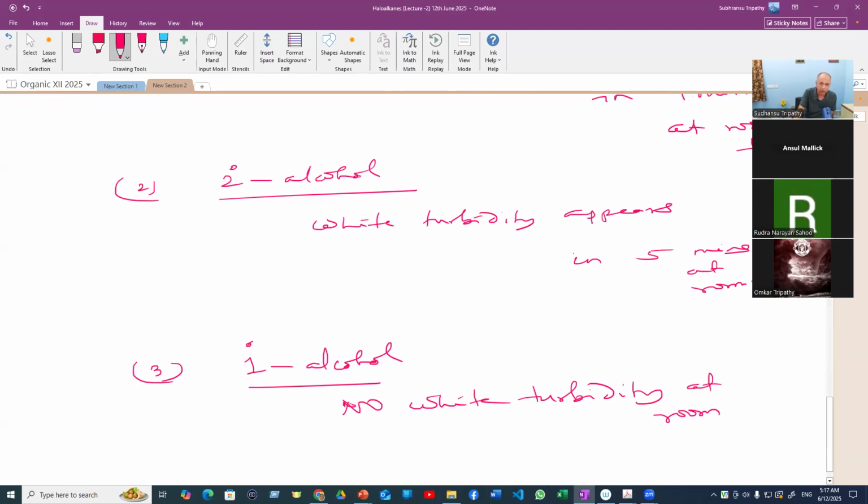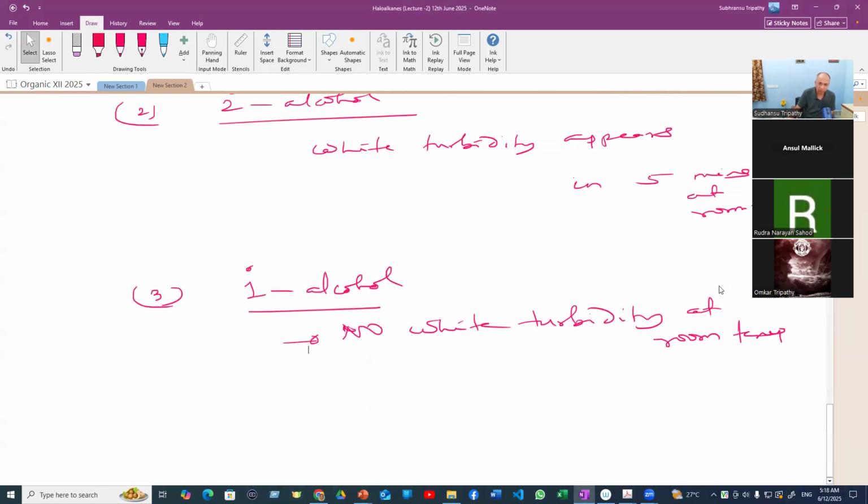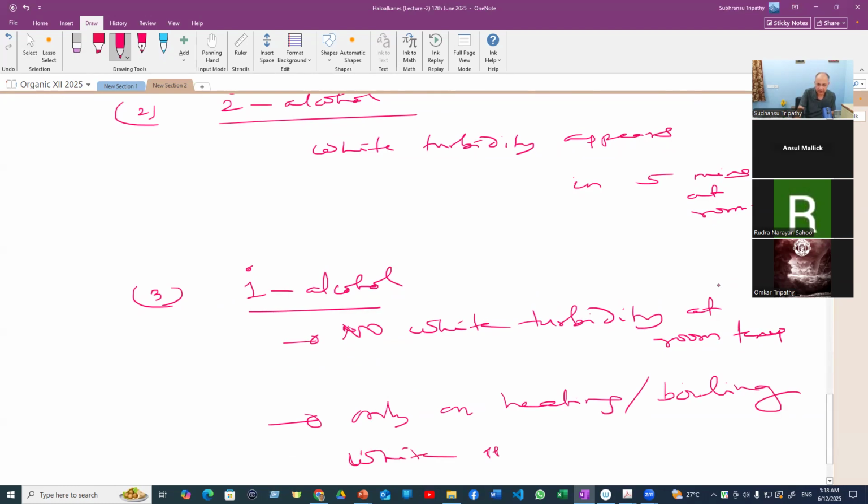Even if you wait for 1 hour, no white turbidity at room temperature. So this is the slowest one, from which you can know. But only on heating or boiling, a white precipitate appears.